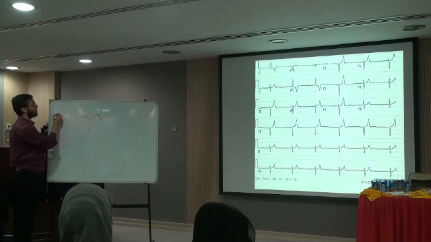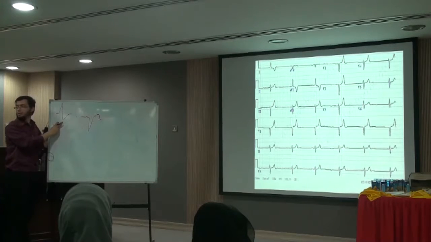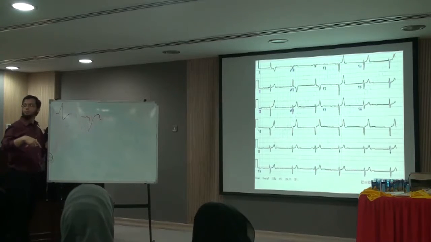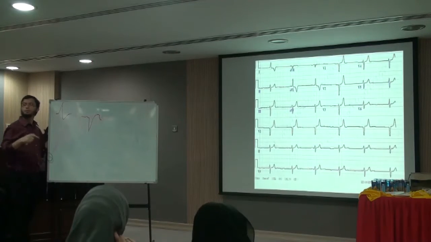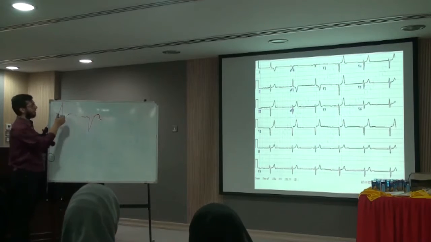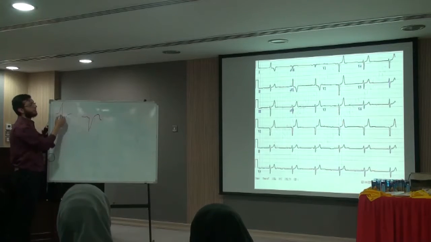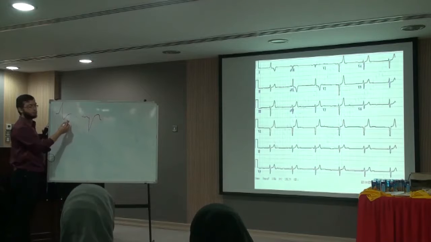The same thing in RBBB. You will have the complex up with an S. It's always discordant. If the beat is coming from the ventricle, you will have it discordant. The complex will be in one direction, the T wave in the other way.